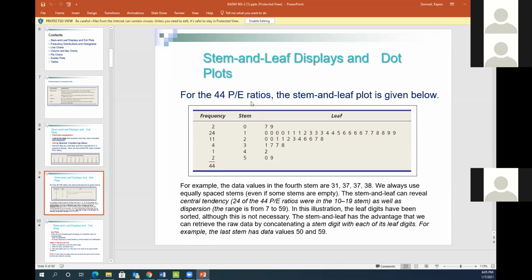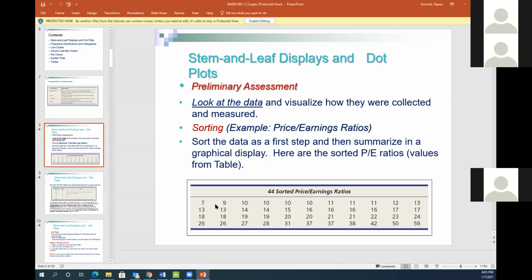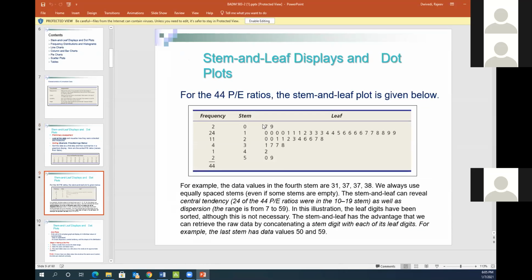Here you can see the stem is 0 and 2 numbers are there, 7 and 9. First you arrange them in order. So 7 and 9, what is before 7 or 9? It's a 0. So the stem is 0 and the leaves are 7, 9.